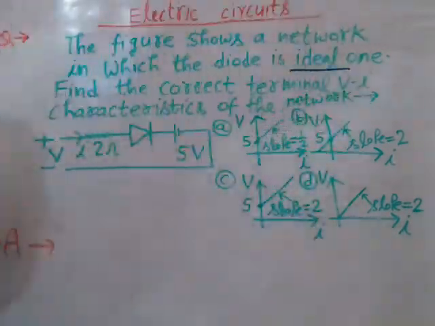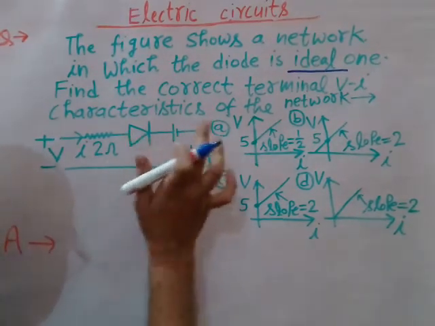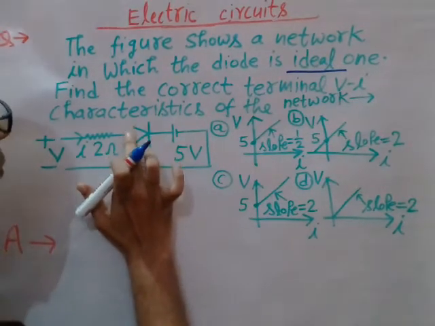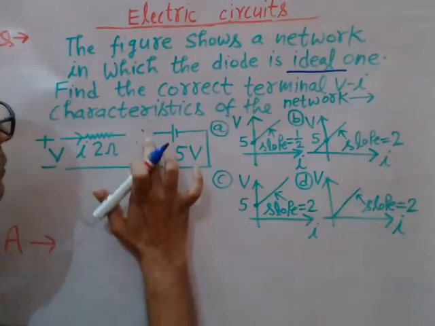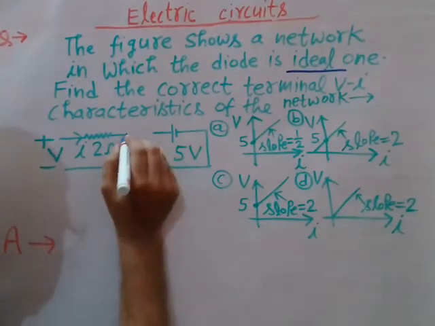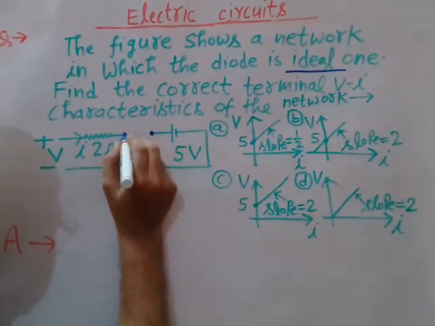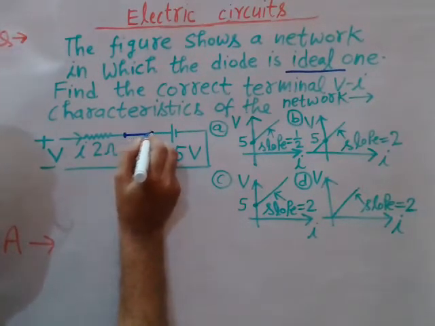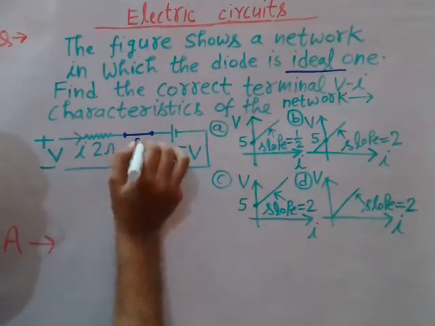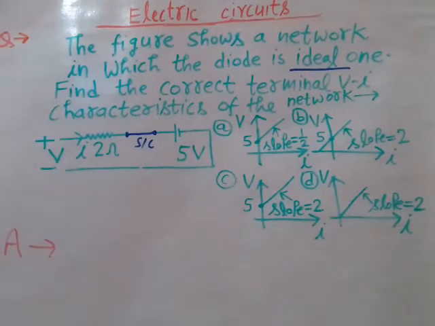Since it is given in the question that it is ideal, no cut-in voltage will be there for this diode, and as soon as you apply any voltage, it immediately starts conduction. Once it starts conduction, it will be represented by a short circuit. Now you can apply Kirchhoff's voltage law.